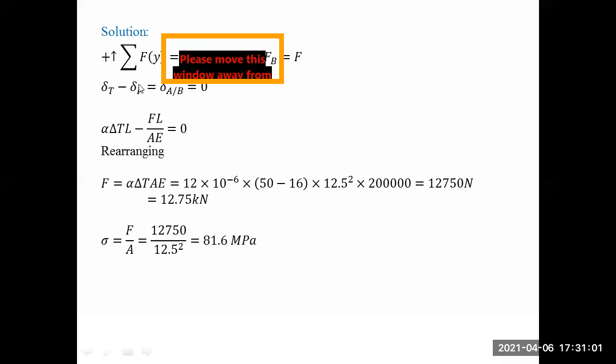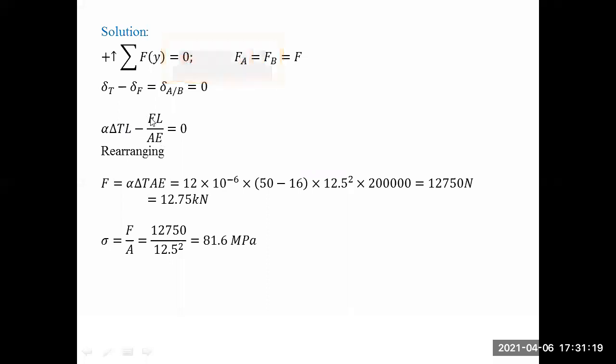So there must be a force against the thermal expansion. For this delta, we make use of the formula we have previously studied, PL or FL over AE. This force is due to the thermal expansion.